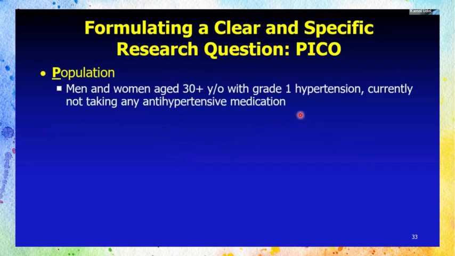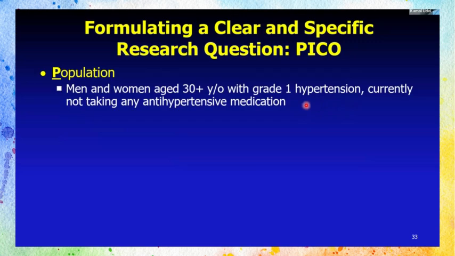Your target population might be men and women aged 30 years or older with grade 1 hypertension, which needs definition. What is grade 1 hypertension? And currently not taking any antihypertensive medication. So these are people with a mild degree of hypertension that do not yet need medication. Now it's quite clear who your target population is.